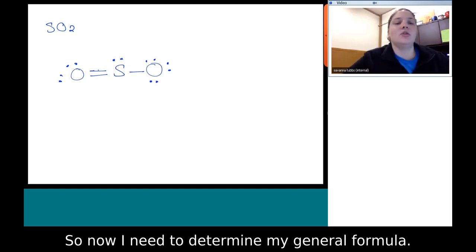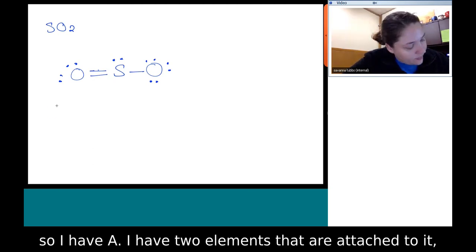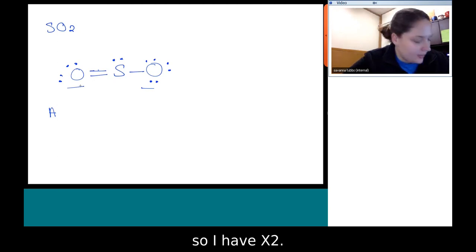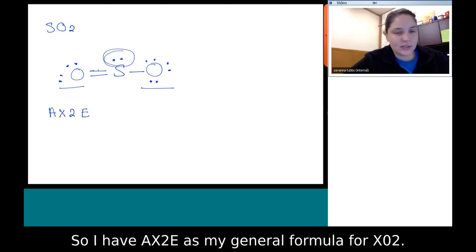Now I need to determine my general formula. I first write my central element, so I have A. I have two elements attached to it, so I have X2. And then I also have a set of lone pairs, so I have to write E. So I have AX2E as my general formula for SO2.